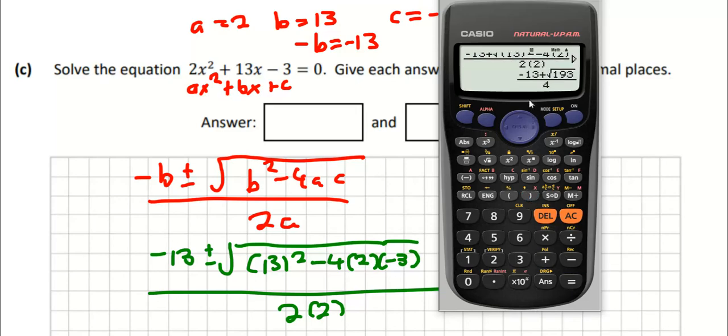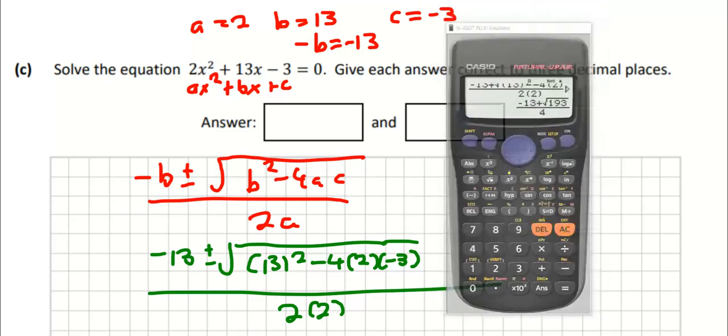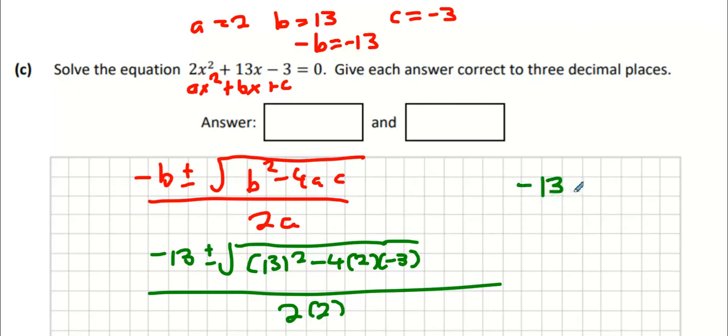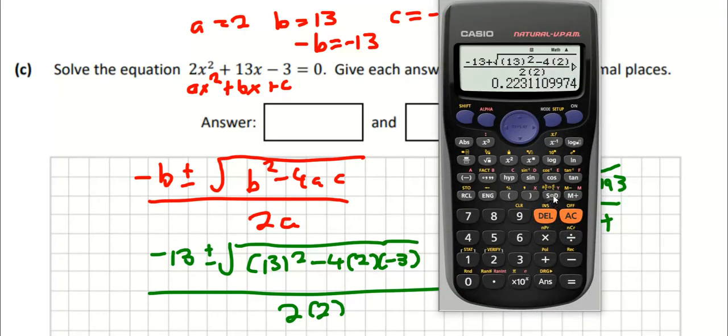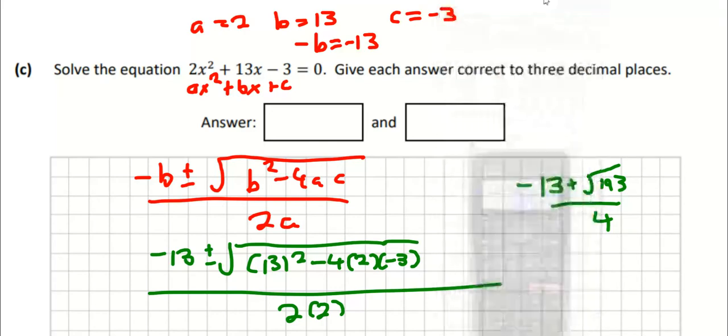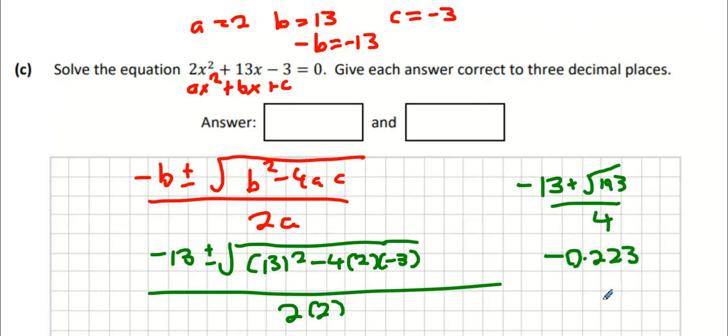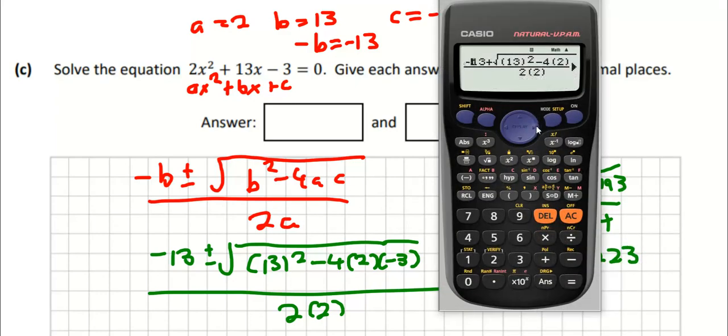So one answer is minus 13 plus root 193 over 4. We change that into minus 0.223. Okay, then the next answer, you just have to change the plus into a minus.